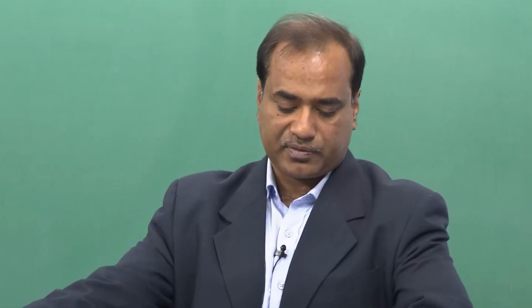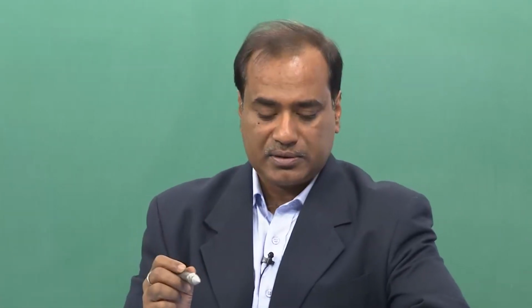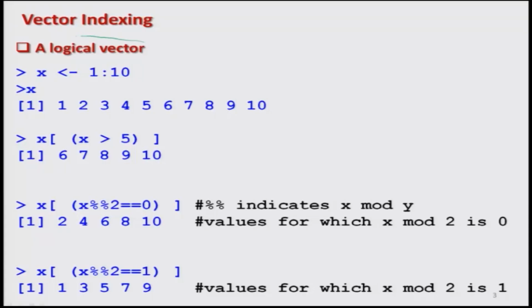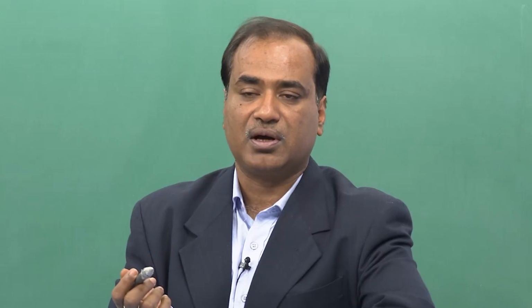Now, instead of using the syntax letters, I am now using the concept of a logical vector. And using the concept of a logical vector, I can play with the indexing of a vector.